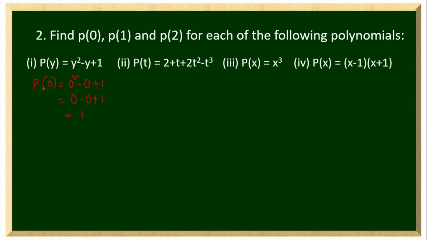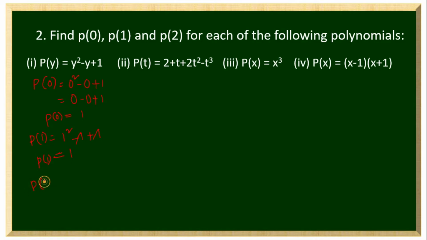So p of 0 is 1. Next, p of 1 we have to find for the same polynomial. p of 1 equal to 1 square minus 1 plus 1. Minus 1 plus 1 will get cancelled. So 1 is the answer. p of 1 equal to 1.